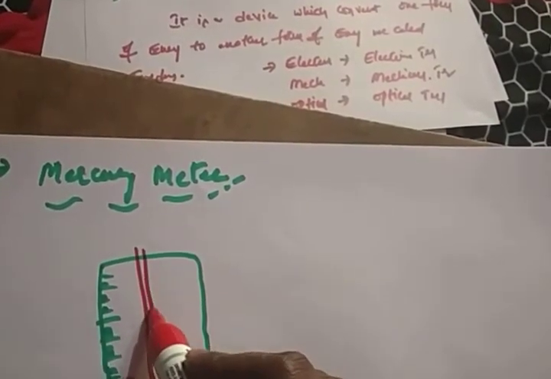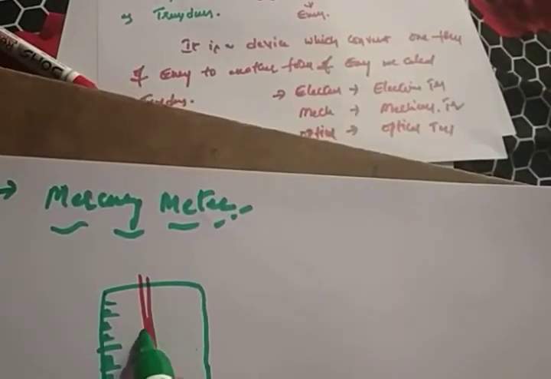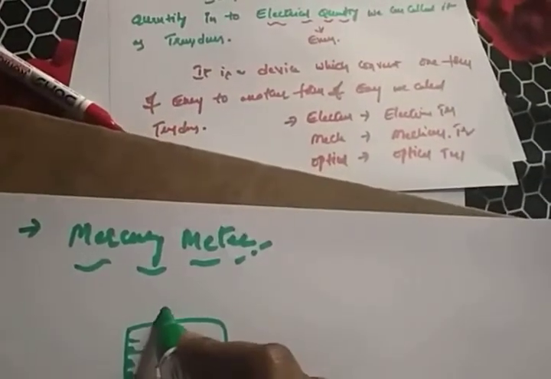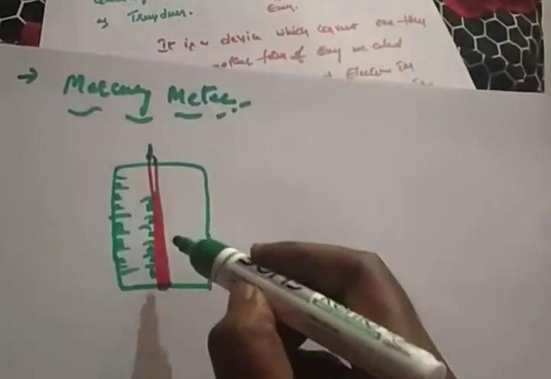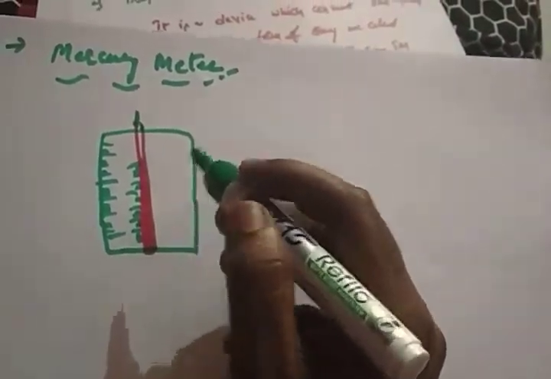In this column, mercury is inserted. This mercury meter has some scales. When the temperature changes, what happens? The mercury in this column changes.